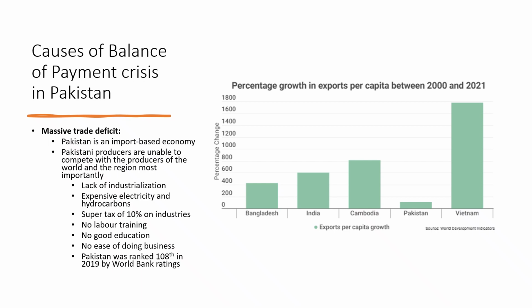We import hydrocarbons to run the industry. We all know that industries run on petroleum and fossil fuels, and we do not have these kind of resources. We import these kind of resources. The electricity is expensive in Pakistan. So all this adds to the cost of products that the industry of Pakistan produces.